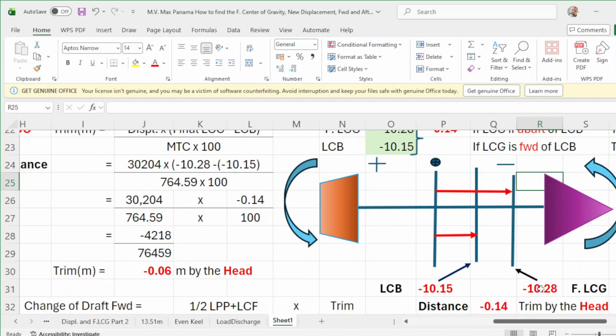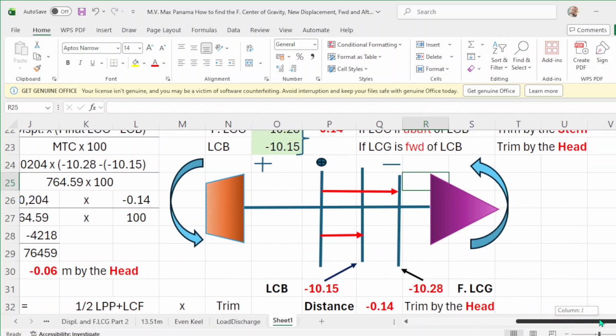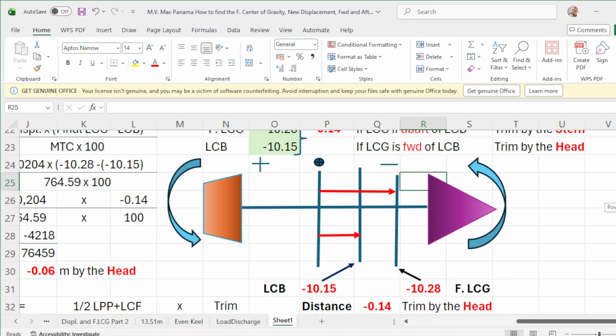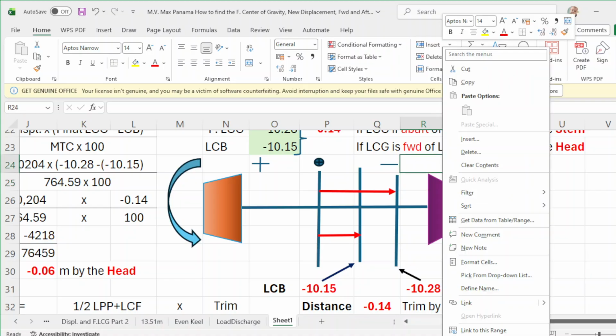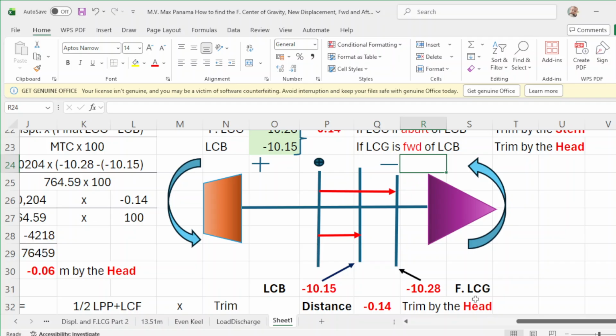That's why you are trimmed by the head. Why? Because if LCG is forward of LCB, meaning the final LCG is forward, it's ahead of LCB, then you are trimmed by the head.